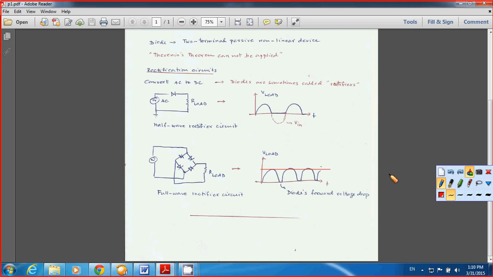So you need the help of the filter circuit, and we discuss that next. I also put this on my YouTube on rectifier circuit using the PSpice simulation. You go back over there, you will see clearer pictures.